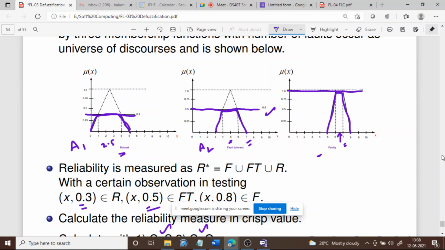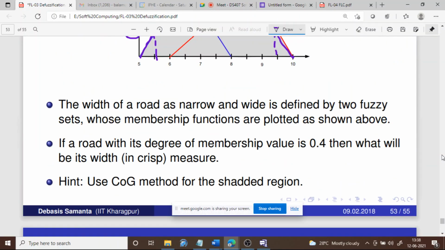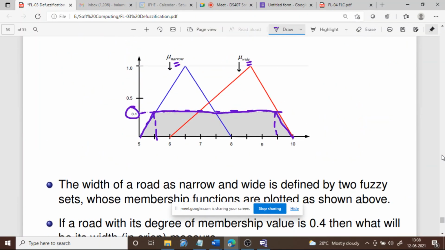First we discussed maxima methods: height method, first of maxima, last of maxima, mean of maxima, and then centroid based methods like center of gravity, center of sum. Weighted sum is applicable only for symmetric membership functions, right? So that's it about this particular topic, which is defuzzification.